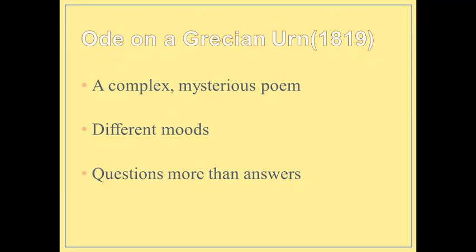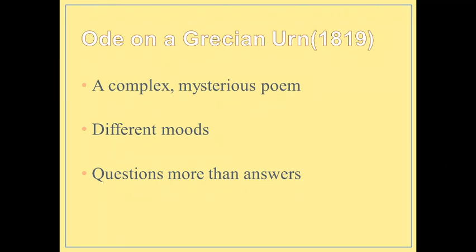It's a complex, mysterious poem with a simple setup. An undefined speaker looks at a Grecian urn, which is decorated with evocative images of rustic and rural life in ancient Greece. These scenes fascinate and mystify and excite the speaker in equal measure.